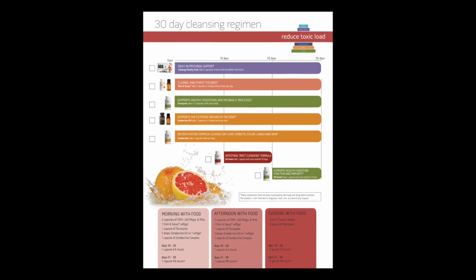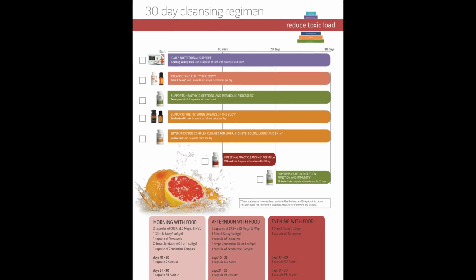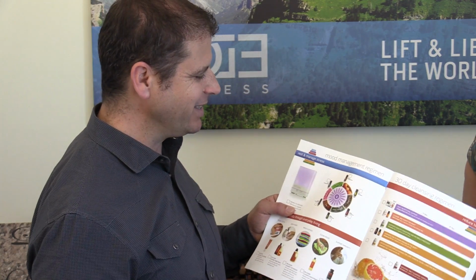On this reducing toxic load, this is kind of a cleansing protocol. If people really want to set their life on the course of a great foundation, a great nutritional foundation, then to get the best results, it's probably best to clear the body first of any sludge or impurities that may be in the system.